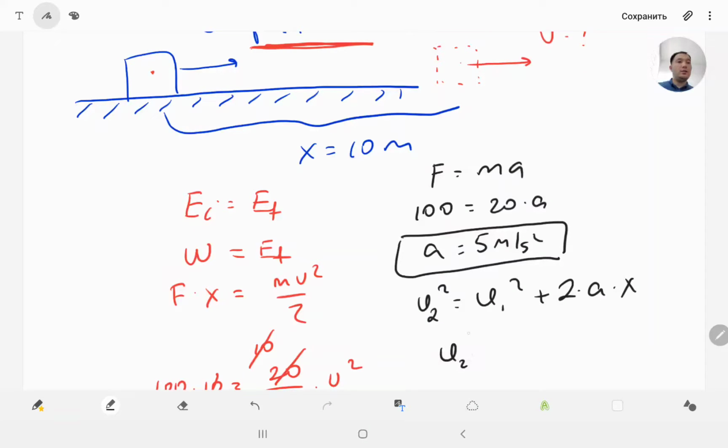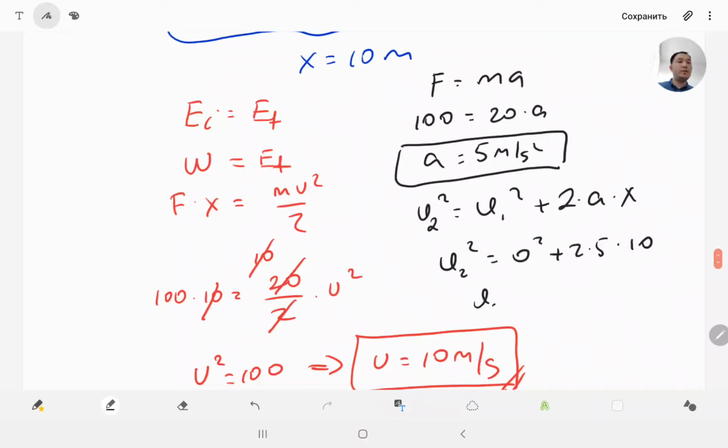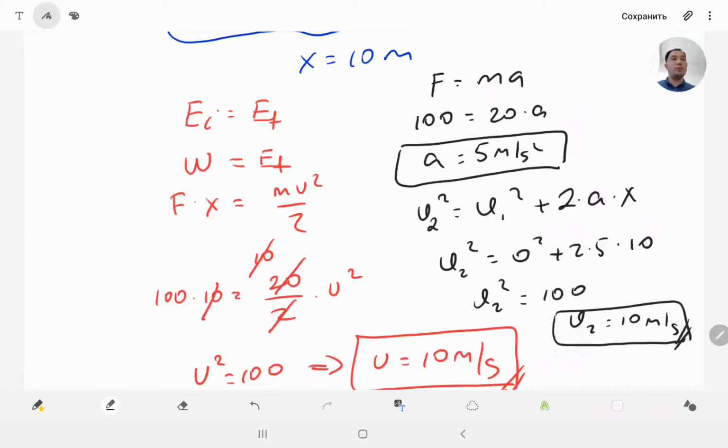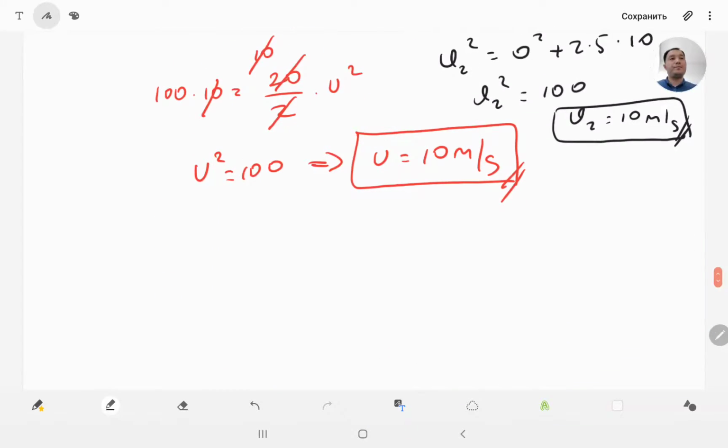Final velocity unknown, initial velocity is 0, 2 times 5 times 10. So as you see, V square equal to 100. From here, V also equal to 10 meters per second. So you can get the same answer. But by energy, it's very simple, just one equation.